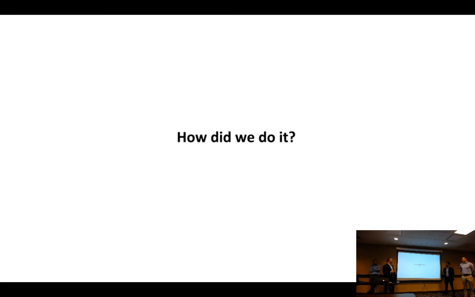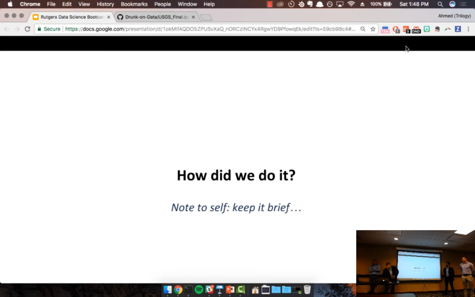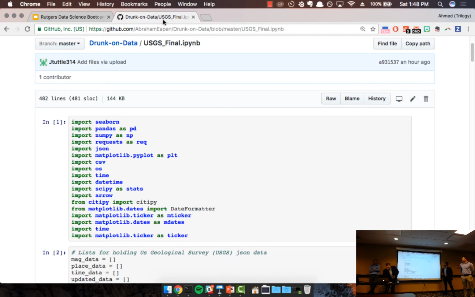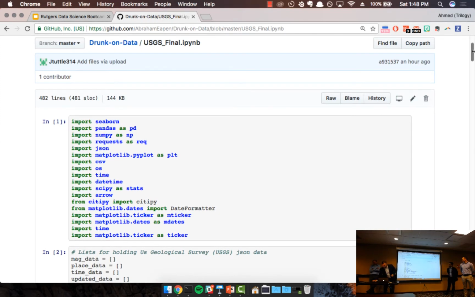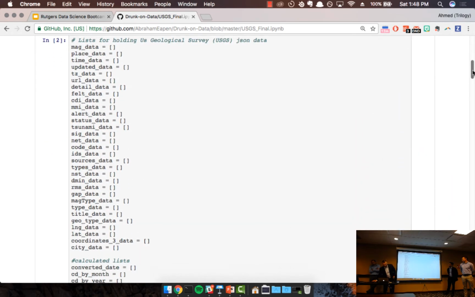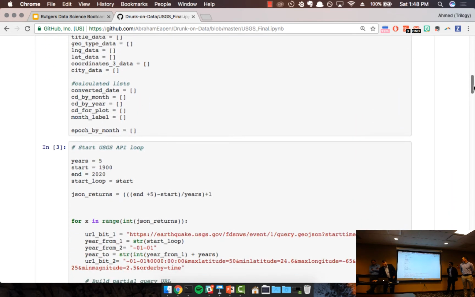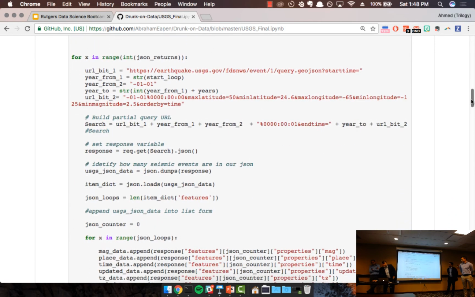All right, so how did we do this? I will keep it brief. Just a real quick high level here. We called our dependencies, did this in Jupyter. We created our lists, most of them we didn't use. We calculated our fields right here. We appended our data. You can actually pull 20,000 records at a time with the USGS.